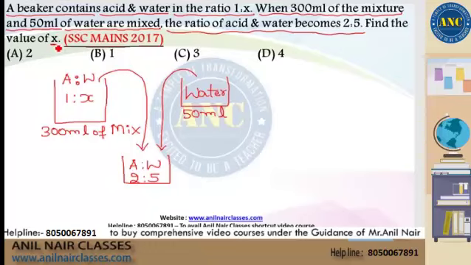Find the value of x is your question. If this ratio has to become 2:5 in the new mixture, in vessel C for example, what should be the value of x? What is this x value? This is your original question which came in SSC mains 2017. The same question we are trying to solve here.